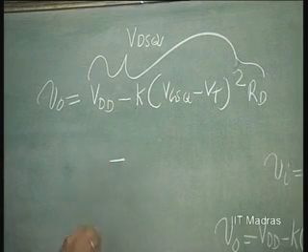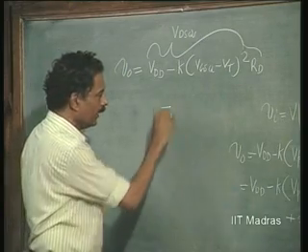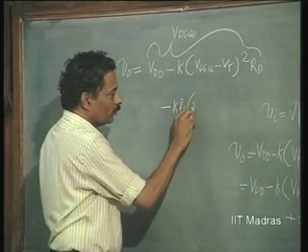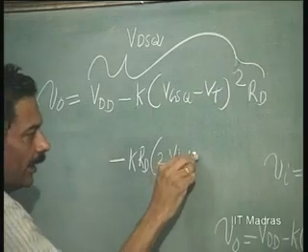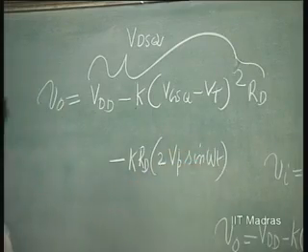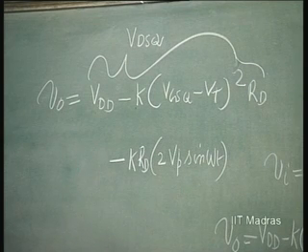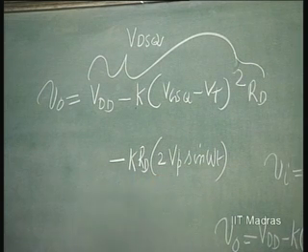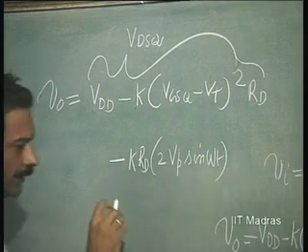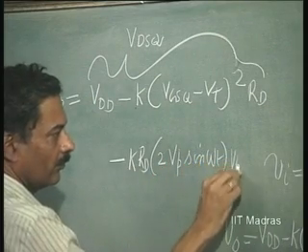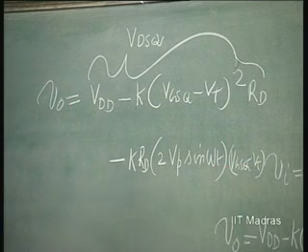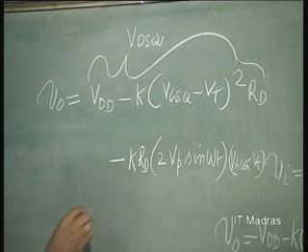Minus, let us take the useful component here, K times Rd times 2 Vp sin omega t, which is the linear term, because we had applied only sin omega t and we would like this to be amplified and appear as a sin omega t term. So, this is the wanted component, sin omega t into (Vgsq minus Vt), with Rd already taken into account.